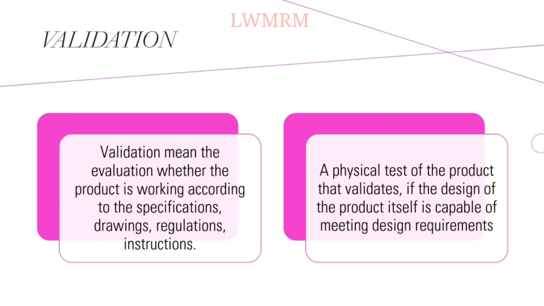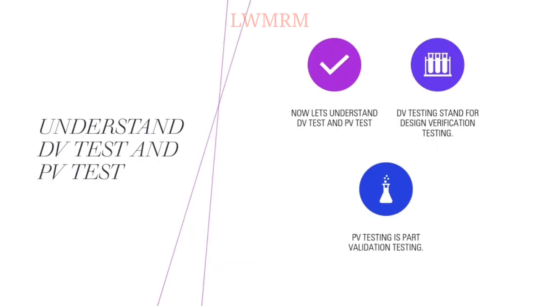Validation means the evaluation of whether the product is working according to the specifications, drawings, regulations, instructions. A physical test of the product that validates if the design of the product itself is capable of meeting design requirements. Now let's understand design verification test and part validation test.